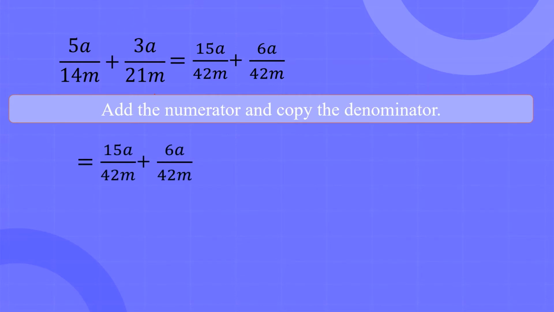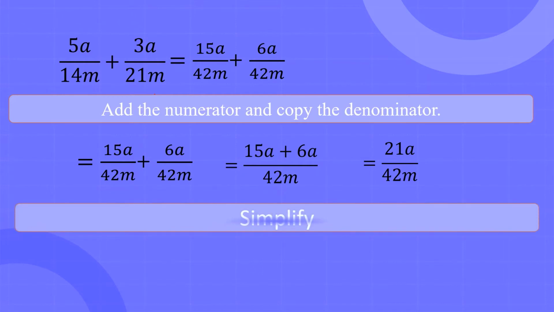Okay, so 15a plus 6a is equal to 21a. Okay, then over the common denominator, 42m. Okay, then we are going to simplify the result. So, reduce lang natin 21 over 42. So, in reduced form, that is equivalent to 1 over 2. Okay, then the remaining term, we have a over 2m. And this is now the final answer.